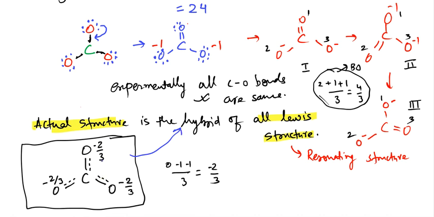So this is consistent with the experimental data. We can conclude that resonance is observed when more than one Lewis structure is needed to describe the electronic distribution in a molecule.